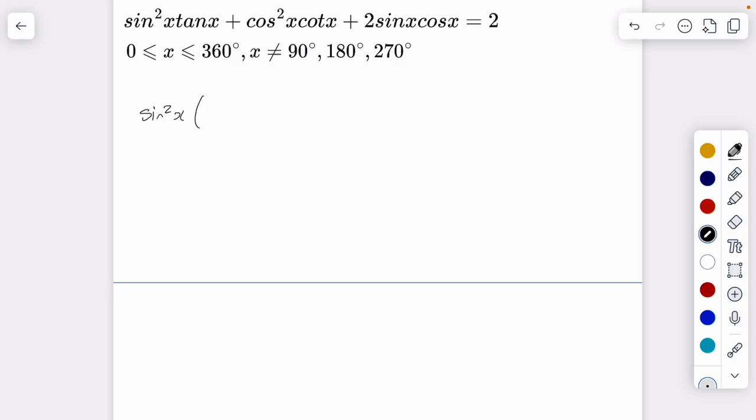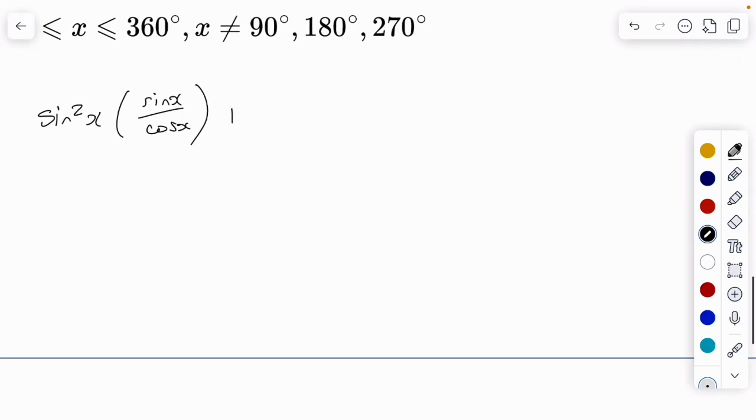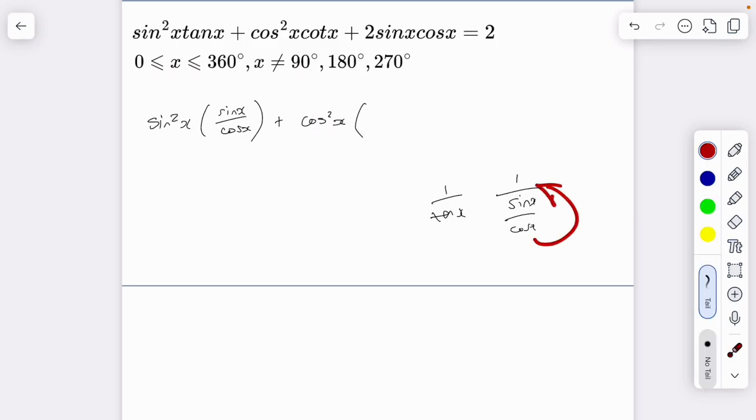Tan x is sine x over cos x. Then we're adding cos squared x cot x. What's cot? 1 over tan x, which is 1 over sine x over cos x.